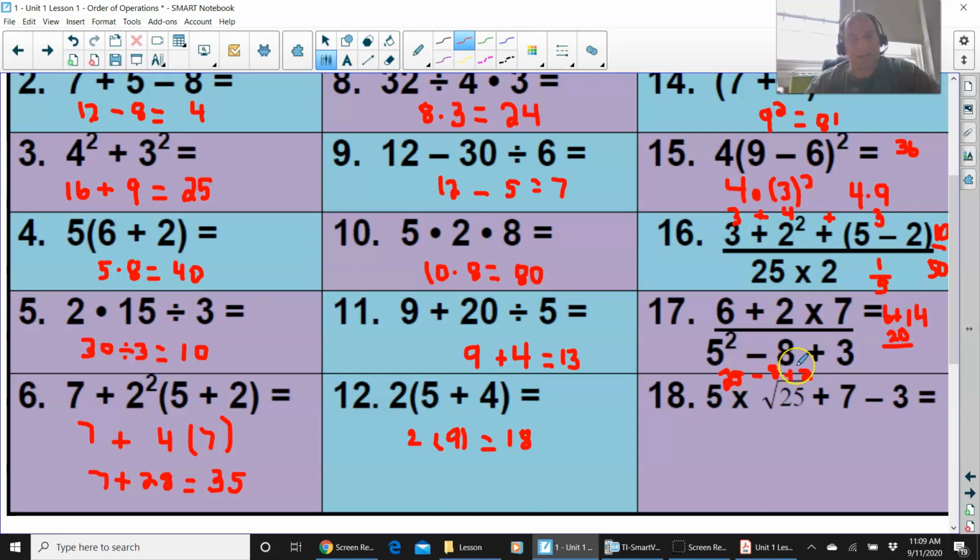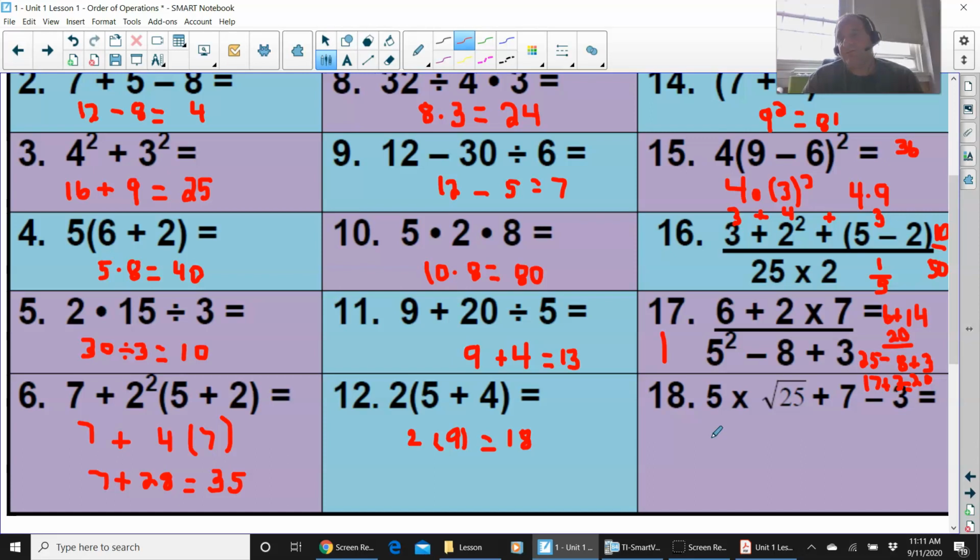So 25 minus 8 is 17, and then plus 3. So the denominator comes out to 20 as well. So 20 divided by 20, and the answer is 1. Sorry, it gets a little crowded over there, but 20 divided by 20 is 1, so the answer for 17 is 1.